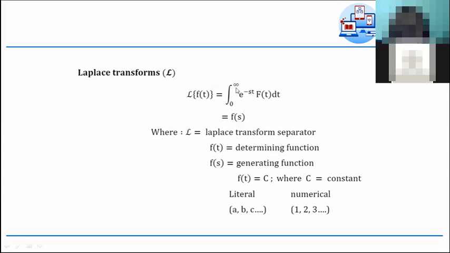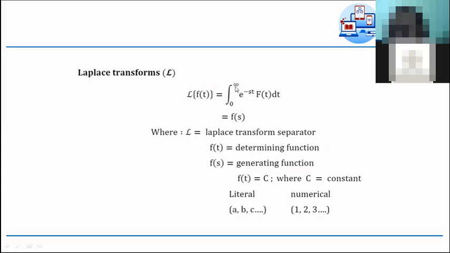By this time, it's a combination of differential calculus and integral calculus. So we have the integral sign and we have the function. A combination of differential and integral. This is your lower limit and this is your upper limit.